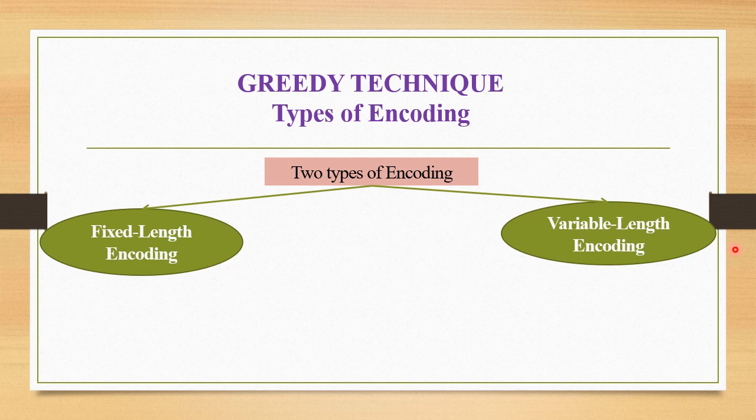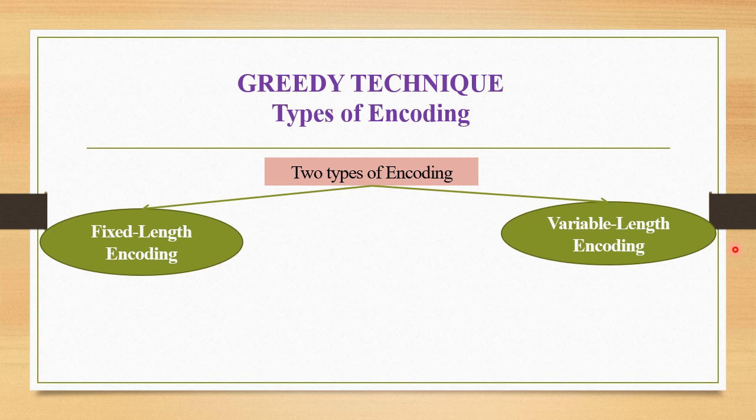So what does fixed length encoding mean? We assign binary bits to the characters, and the number of binary bits will be the same for all the characters or letters.